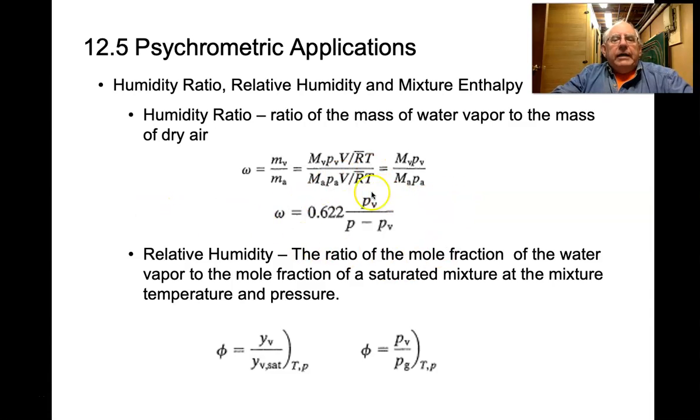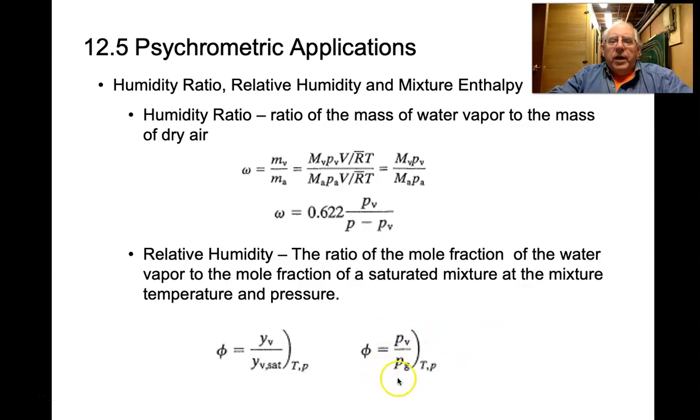Another way of defining how much water we have is something called the relative humidity. The relative humidity is given the designation phi, not to be mistaken for an exergy. It's the ratio of the mole fraction of water vapor to the mole fraction of a saturated mixture at the mixture temperature and pressure.